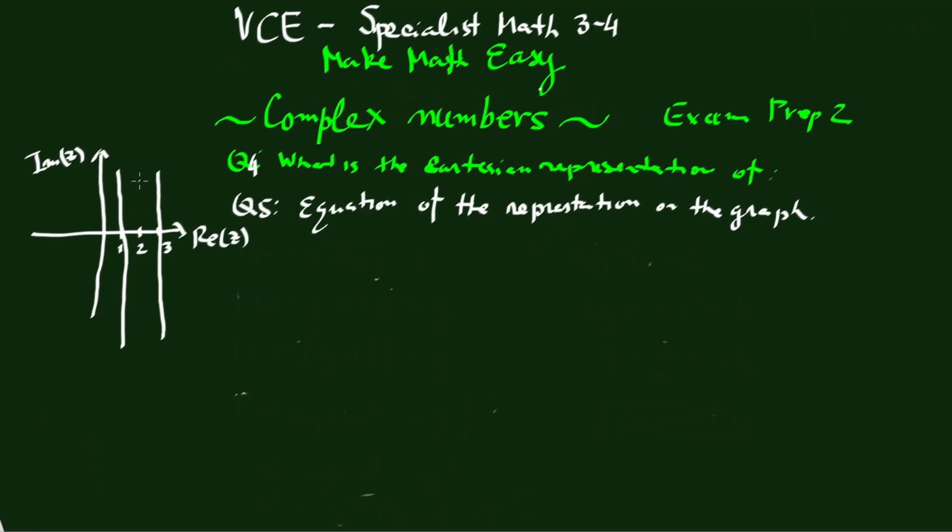If we draw a line in the middle, we can see that the distance from this line to the other two lines is constant, and it's 1. If you remember before, we said that the absolute value of z minus 1 would be the distance.